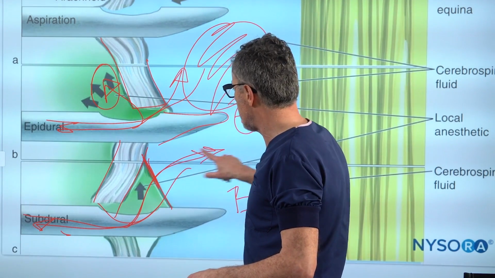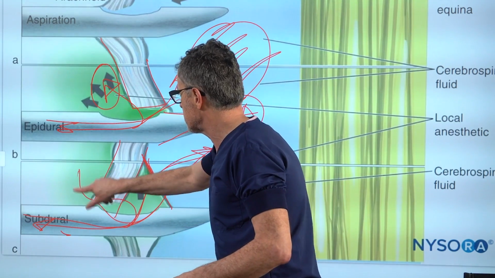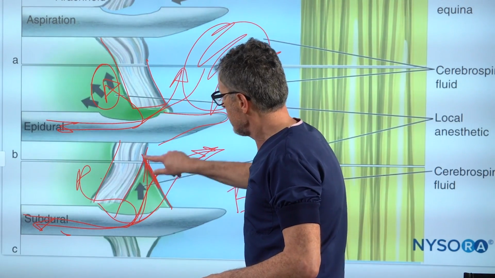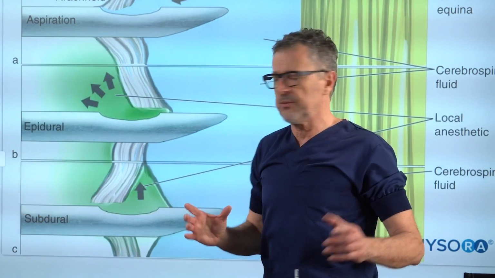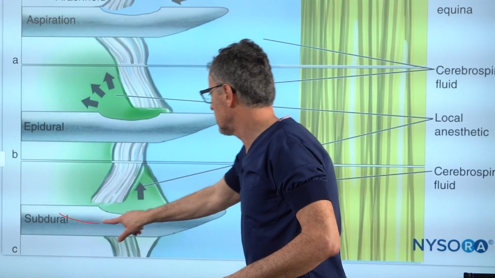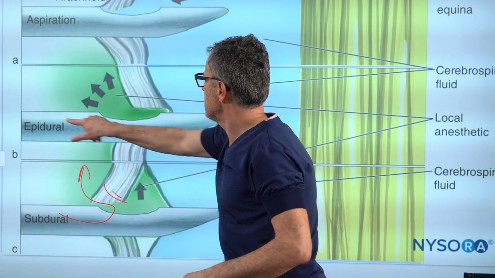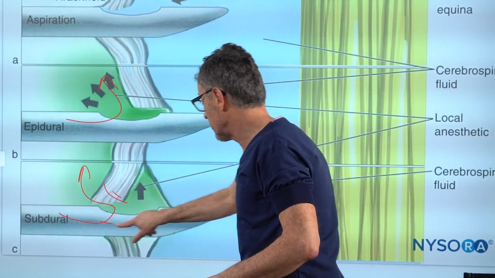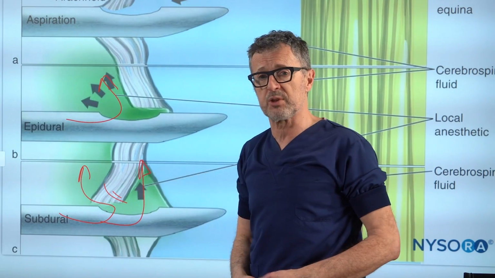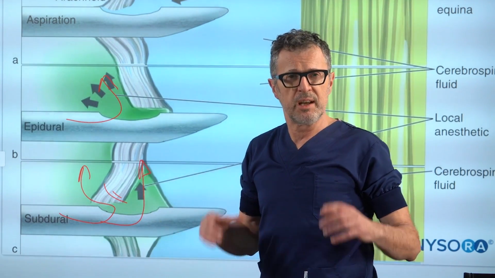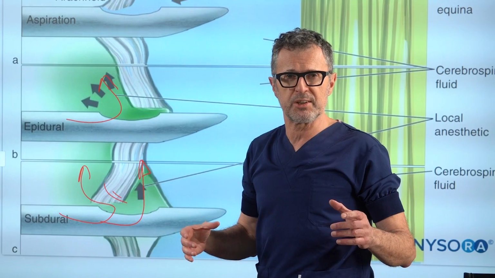Again, it can occur partially intrathecally and partially epidurally or subdurally. In both of these instances, an injection of the local anesthetic either into the epidural space or here into the subdural space would not result in a successful spinal anesthesia.